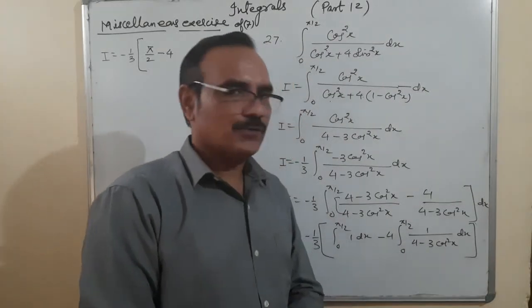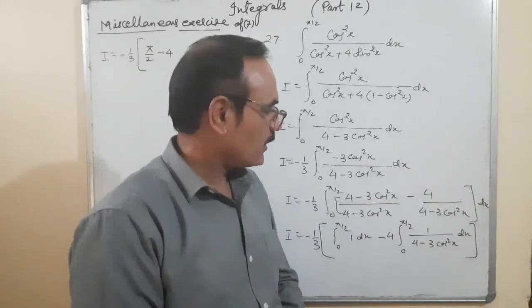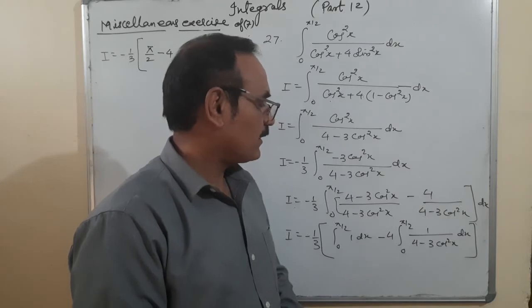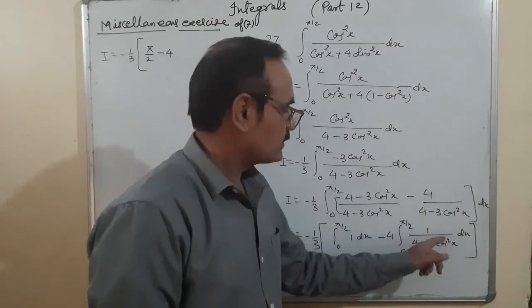How to solve this portion? 1 upon 4 minus 3 cos square x. We divide and multiply by cos square x. So 1 upon cos square x is sec square x.